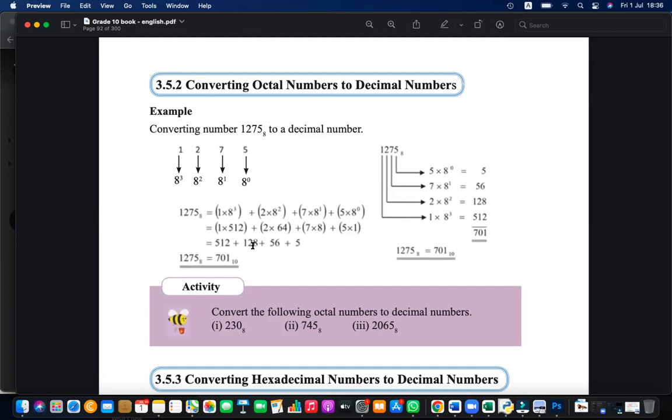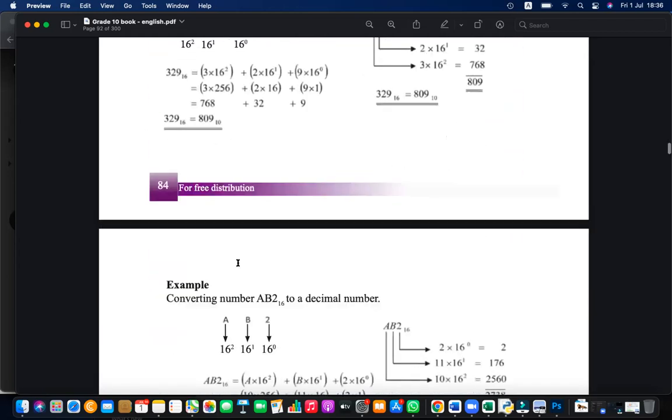And 189 plus 512 is 701. Likewise, if you multiply by the positional value and add them together, you can get the decimal.